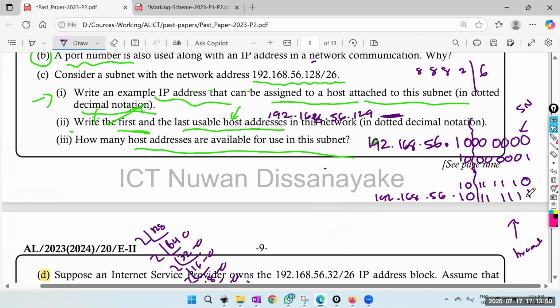So what is this? It is easy to calculate: 1, 2, 4, 8, 16, 32, 64 minus 1 is 63. But here we also have the 128. So 128 plus 63 is 191, that is the broadcast address. So what is the usable last address? 190.